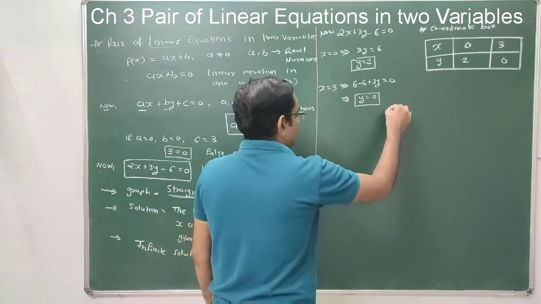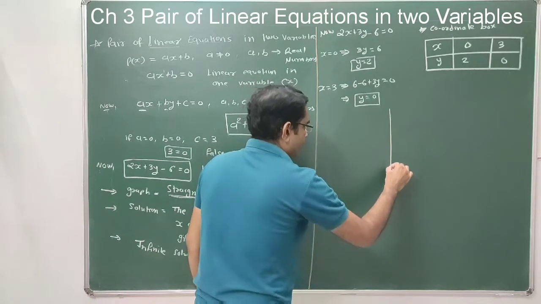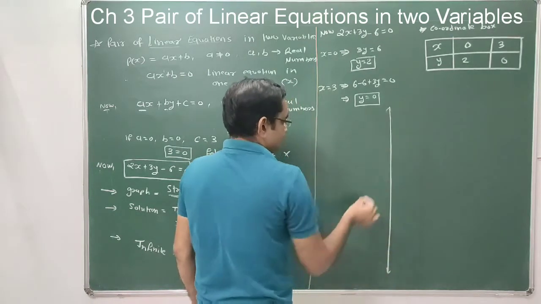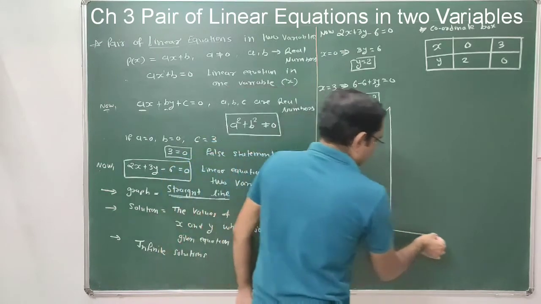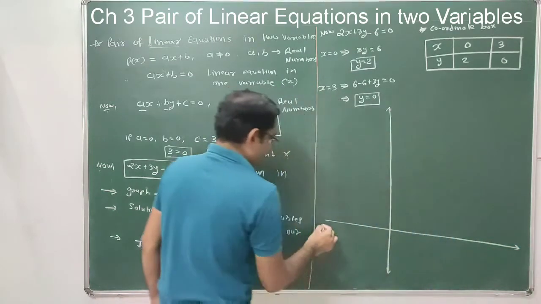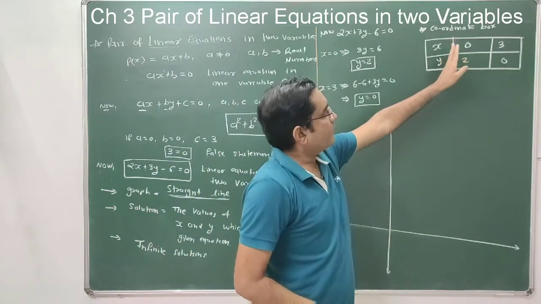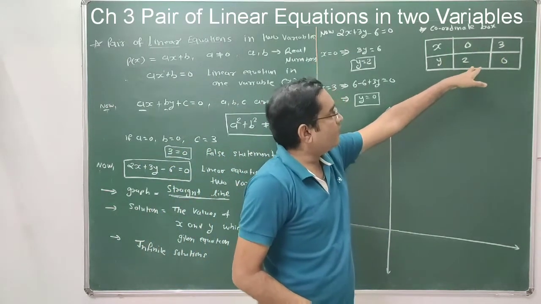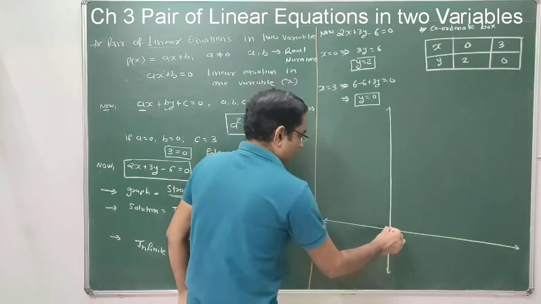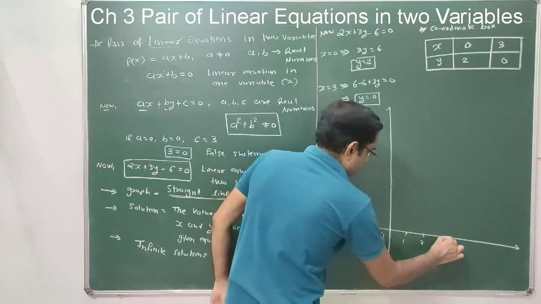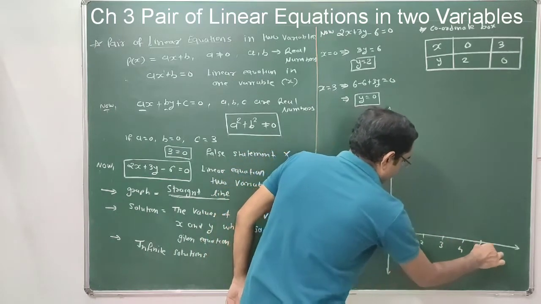To draw the graph, we require one graph paper, so you have to draw this graph on your graph paper. From these coordinates, we can see that our x coordinate changes from 0 to 3 and y coordinate from 0 to 2. So you have to locate the points up to 4 on the x axis: 1, 2, 3, 4.